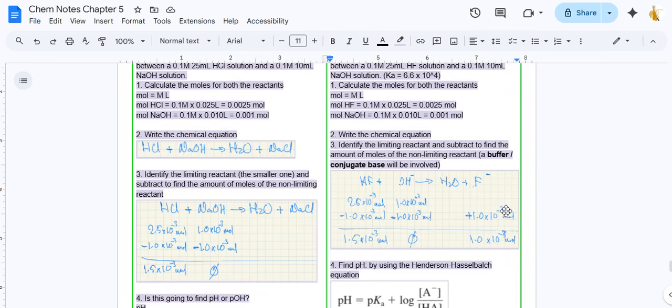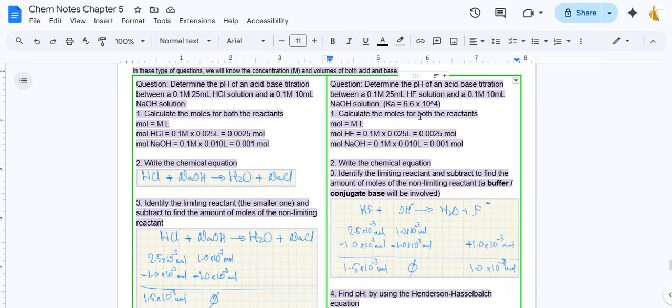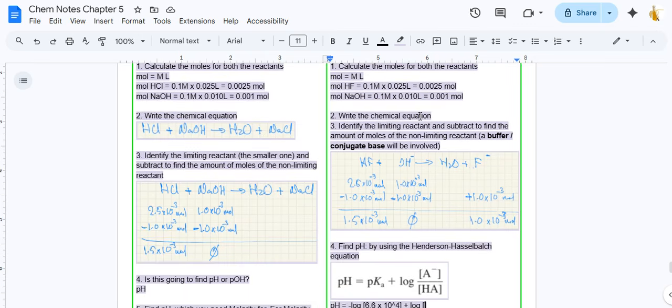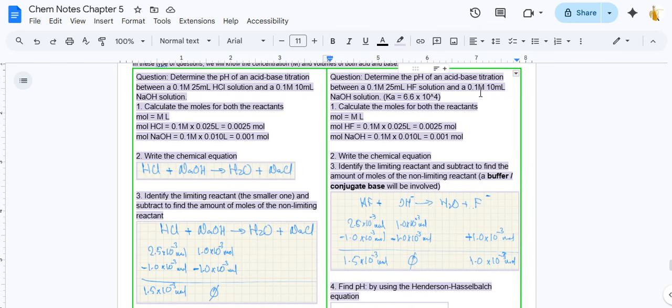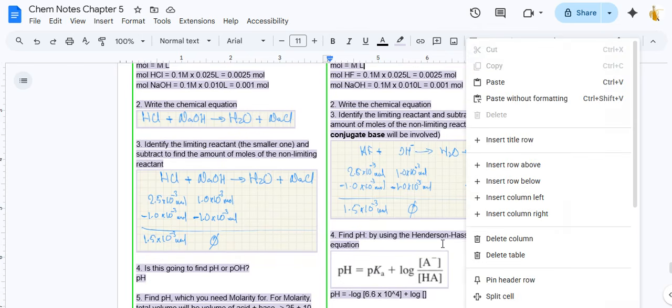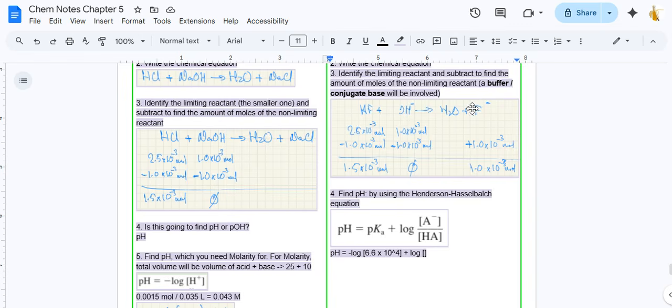So the conjugate base would be F minus over the weak acid, so it's F minus over HF.